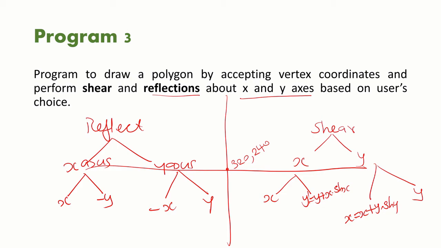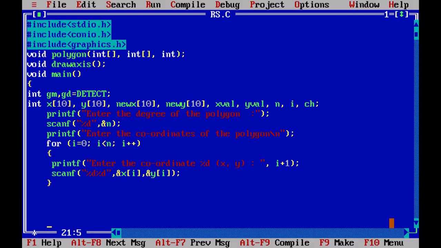Let us see how to implement it in C. This is the program. Here we are going to use a polygon and one draw axis function to draw the lines of the x and y axis. We can just read the input polygon, but please remember that since we are going to use the x axis and y axis, the origin is 0, 0.